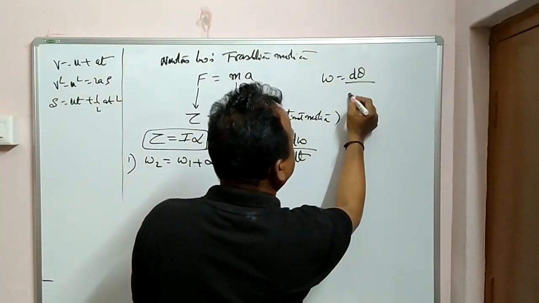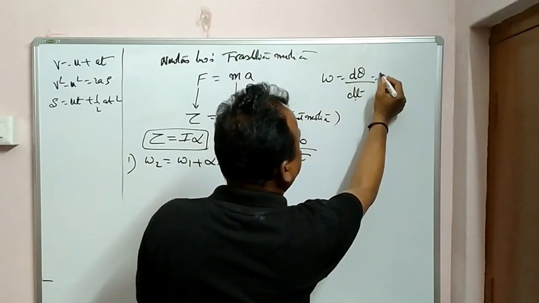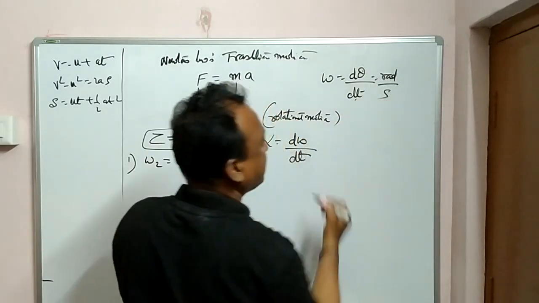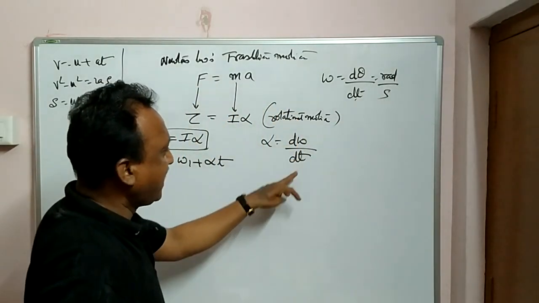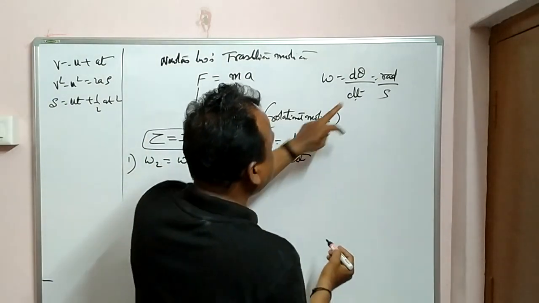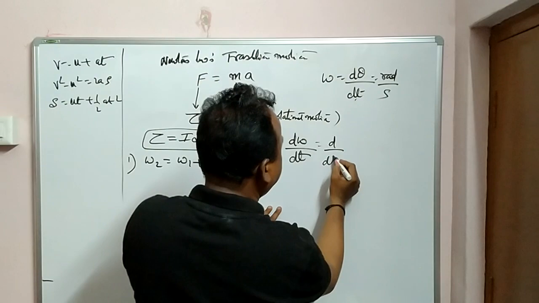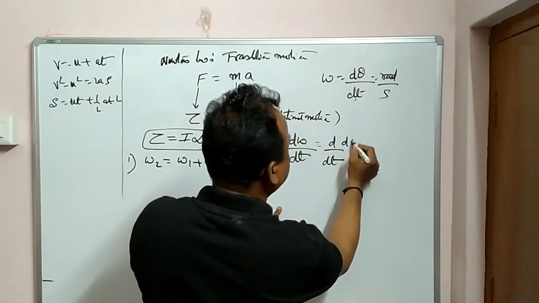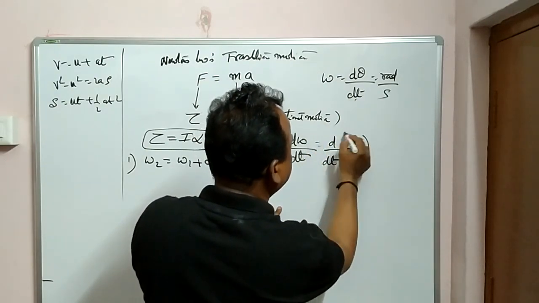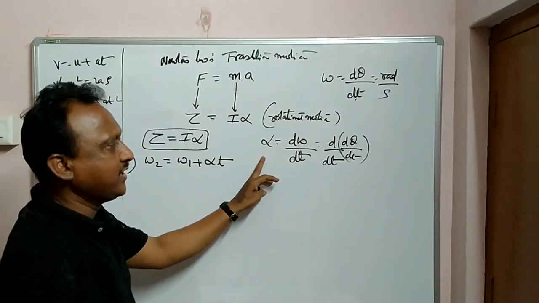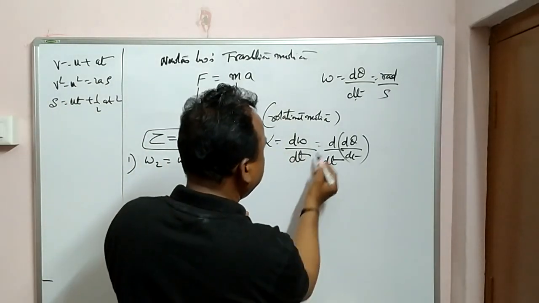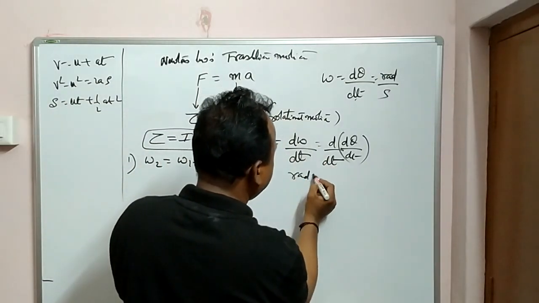Rate of angular displacement, d theta by dt, radian per second units. So d omega by dt అంటే అర్థం ఏంటి? దీనికి డెరివేటివ్ అంటే see d by dt of omega అంటే d theta by dt. So this is what? Alpha. So units ఏమవుతుంది దీనికి? Radians per second.